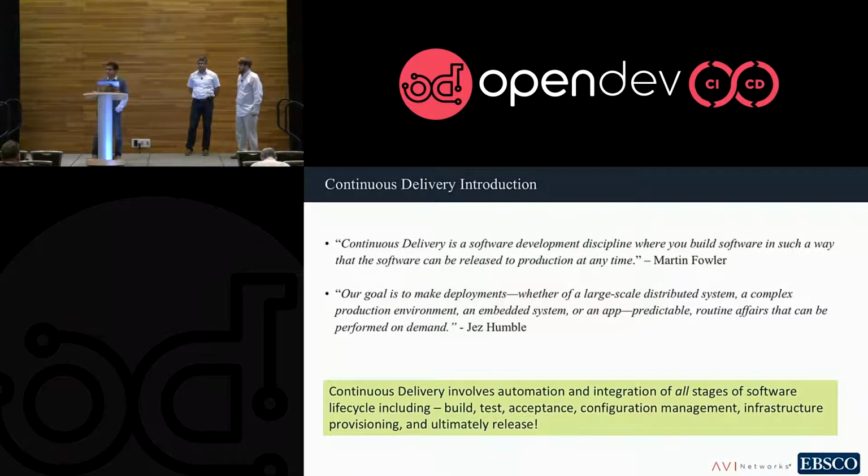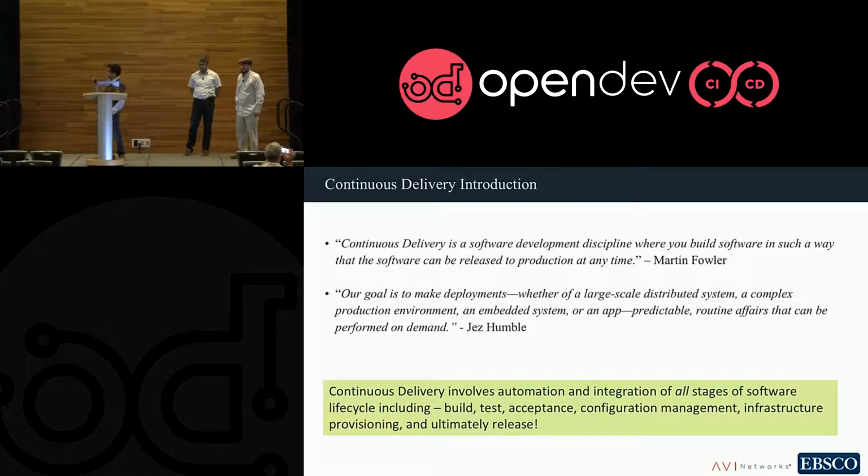So what's continuous delivery? Here we have a couple of quotes from a few well-known personalities who evangelize continuous integration and continuous delivery. Martin Fowler says continuous delivery is a software development discipline where the software can be released at any time.